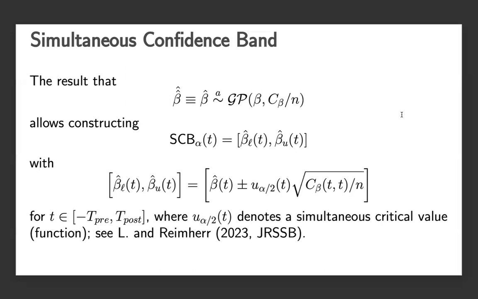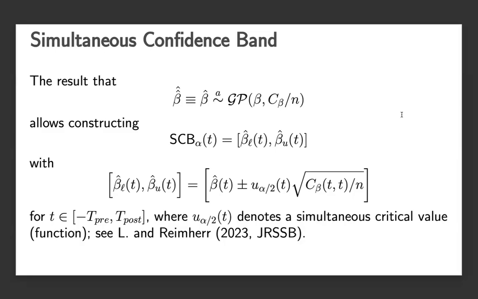There are many algorithms available for constructing simultaneous confidence bands, and here we use the algorithm from the recent paper written by my supervisor and his collaborator, Liebl and Reimherr, because the algorithm in their paper is very fast to compute, and it also has some other very nice properties that we need in our paper. We write out the properties that are beneficial for our research in our paper, and you can check the paper for details. So we use the algorithm in their paper to compute a simultaneous confidence band for the DID parameter in our research.